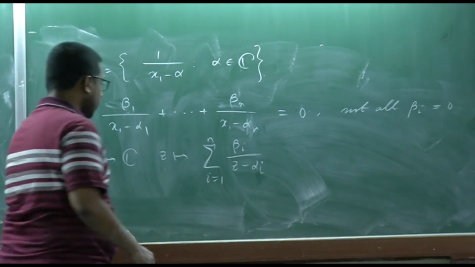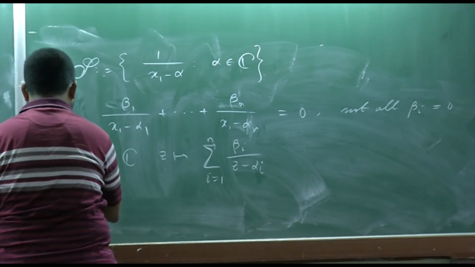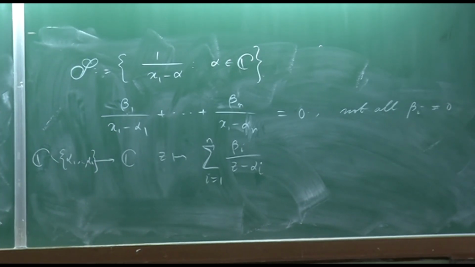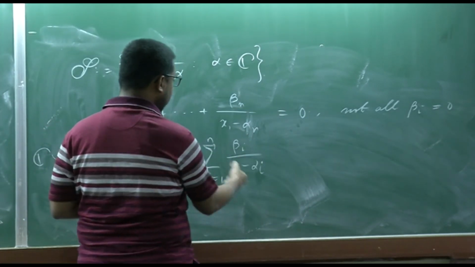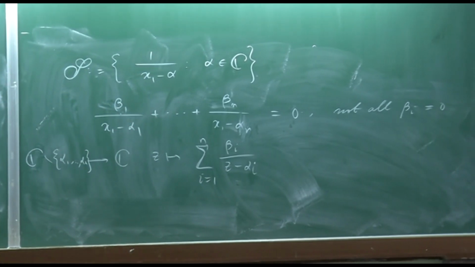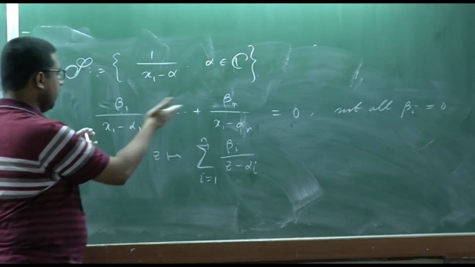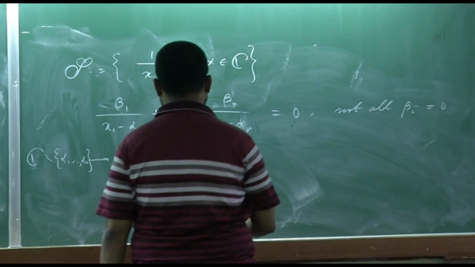So this is a function not defined everywhere; it is defined on C minus these points. If this is 0, then this function must be the zero function, because then whatever values of z other than alpha_1 up to alpha_n, it should give you the value 0, but that is not actually the case.